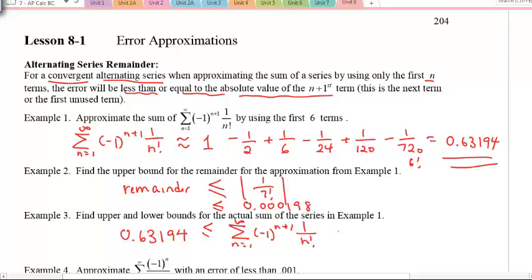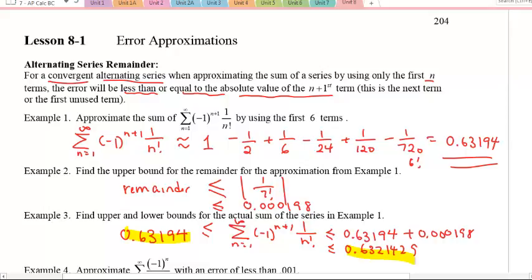Because the maximum remainder is 0.000198, the upper bound is just taking my value from example 1 and adding the remainder to it. In this case, the sum is less than or equal to 0.6321429. So it's between these two values, and those are my upper and lower bounds. Hope that makes sense.